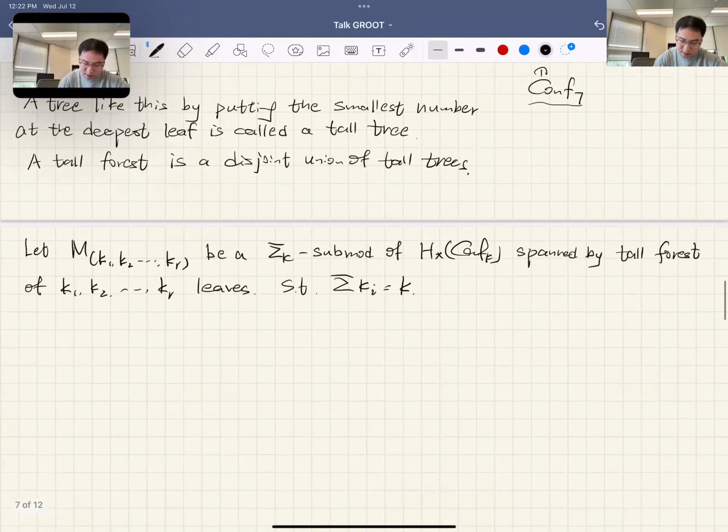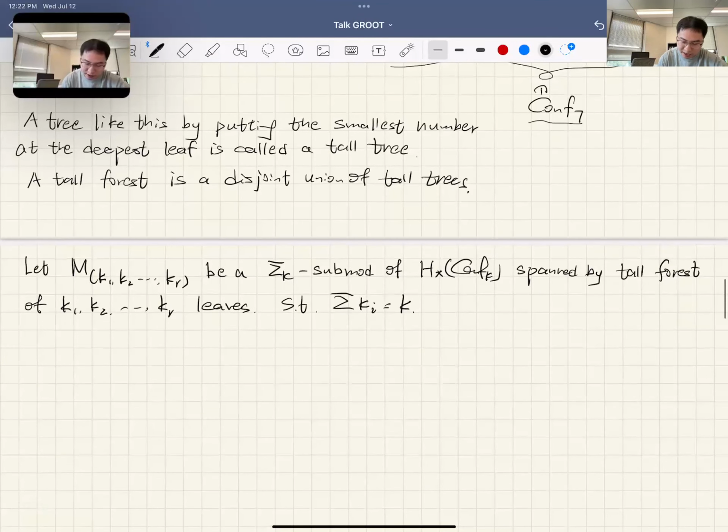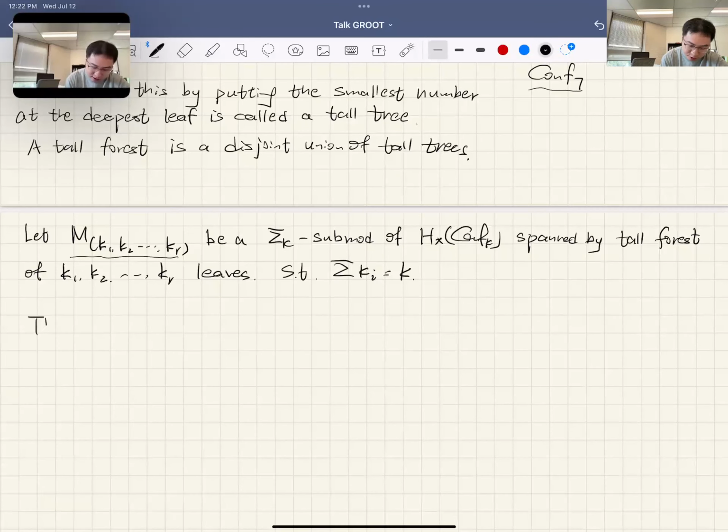Okay. So why am I creating this new stuff? Because by a theorem by Cohen, we can use this to describe the homology of the configuration space of k points.